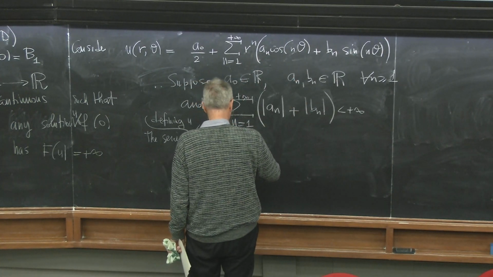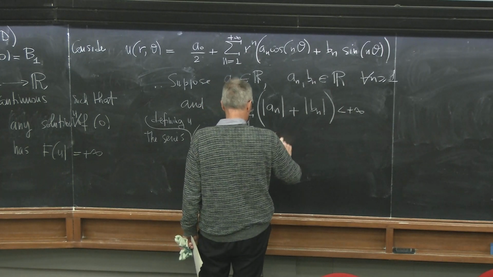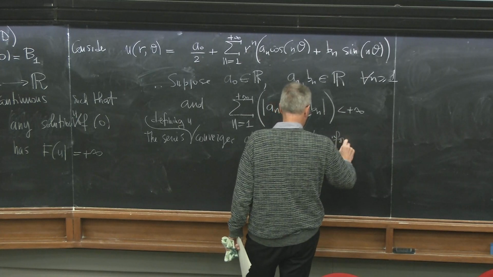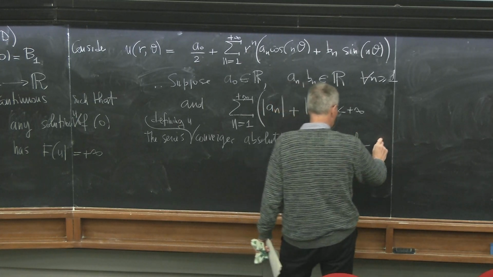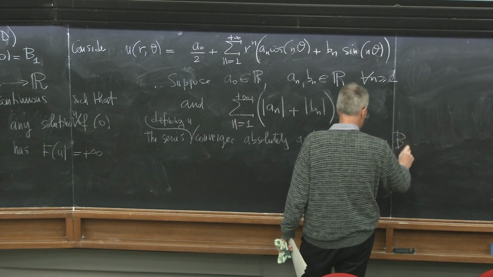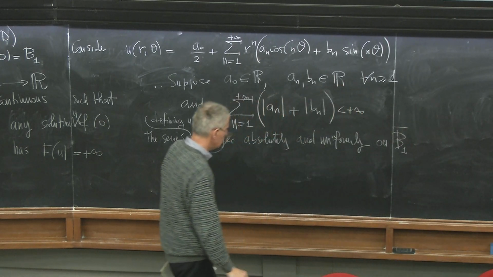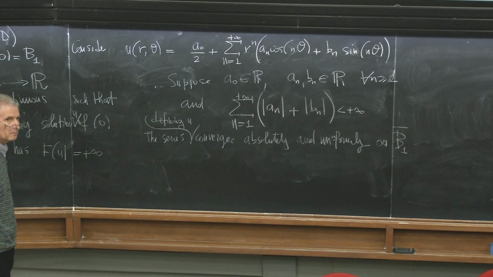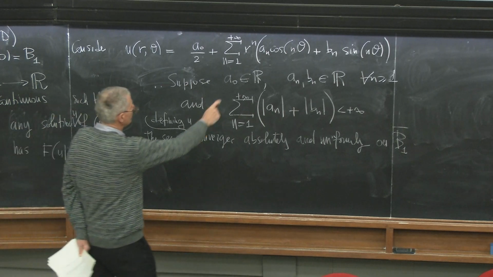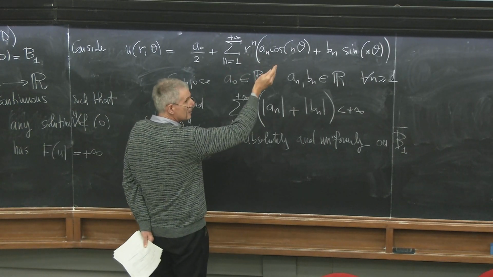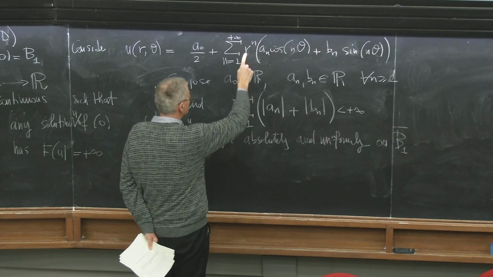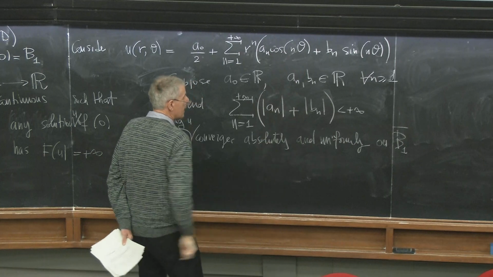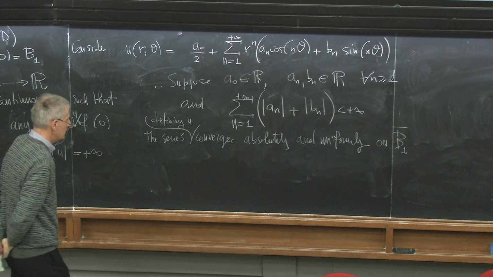So it converges absolutely and uniformly on the closure of B1. If r is smaller than 1, then it's easy, this is very small. But when r is equal to 1, there are problems. But if I suppose this, I get the absolute convergence.